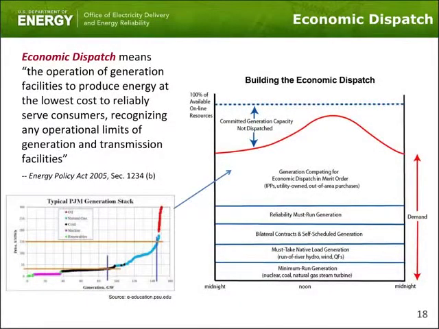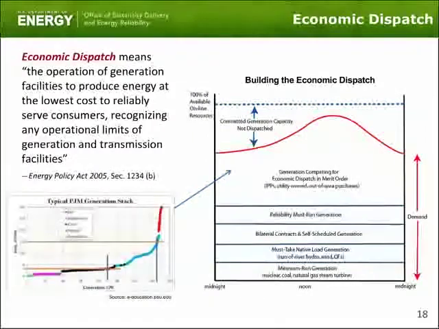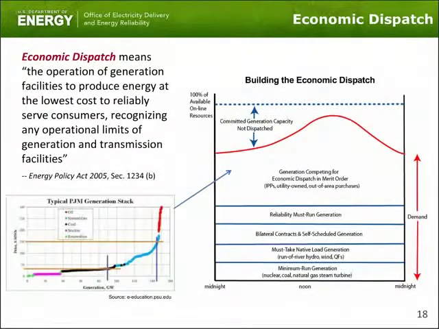Economic dispatch is a means of determining which generating facilities are dispatched to produce electricity. The bottom of the curve on the right represents a variety of the generators that could be brought online, and there are certain generators and commitments which are critical to the reliable operation of the system.